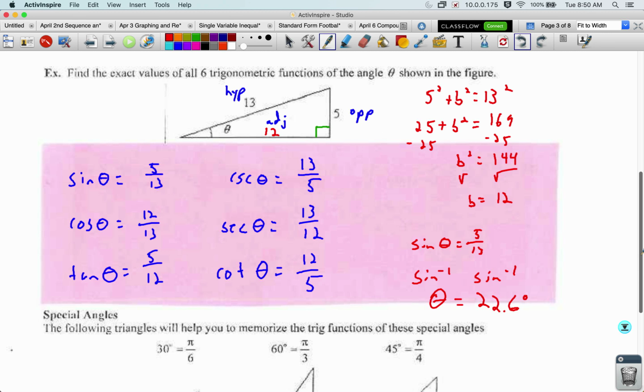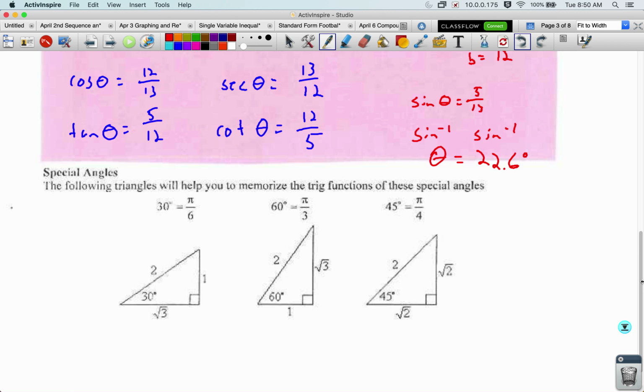Okay. Special triangles. The following triangles will help you to memorize the trig functions of these special angles: 30, 60, and 45, except that the 30 and the 60 are just the same triangle turned in a different orientation. How I remember this is that the 1 is always opposite of the 30. Also, I draw this triangle a little bit more narrow.